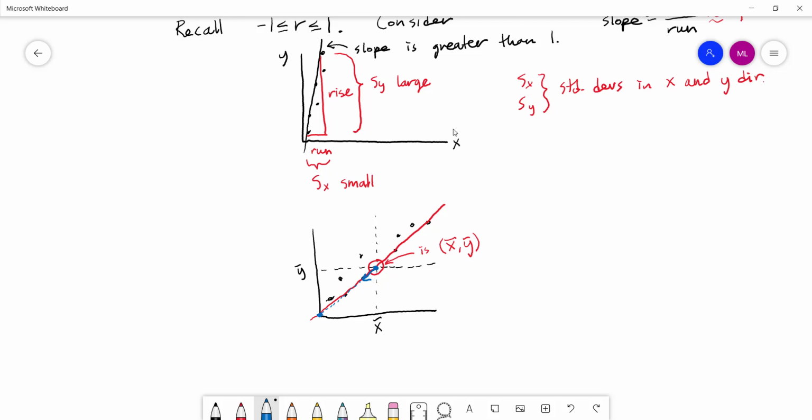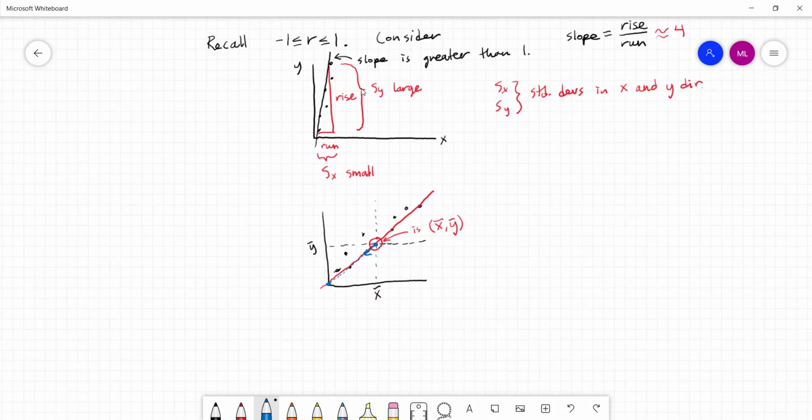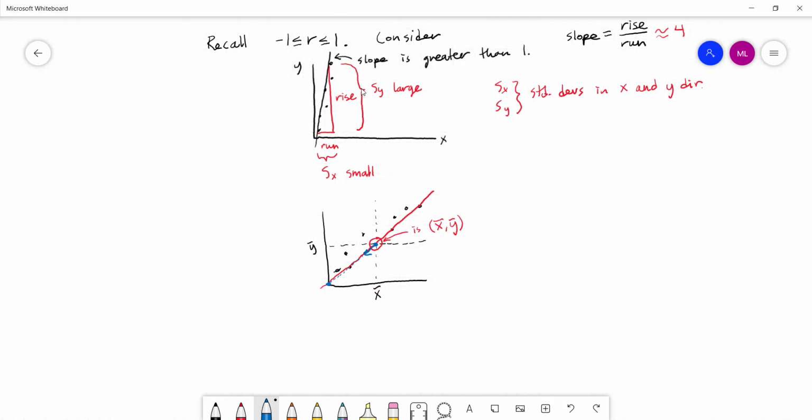But that's the idea. It's taking a point that we know is on the graph, which is x bar, y bar. We know that should be right on our least squares regression line because it's literally, by definition, the middle of our data set. And our line should go right through the middle if it's the best fit. And we're taking that point, we're taking the slope, and we're using it to trace back and say, I know I go through this point, and my slope tells me I go this direction.